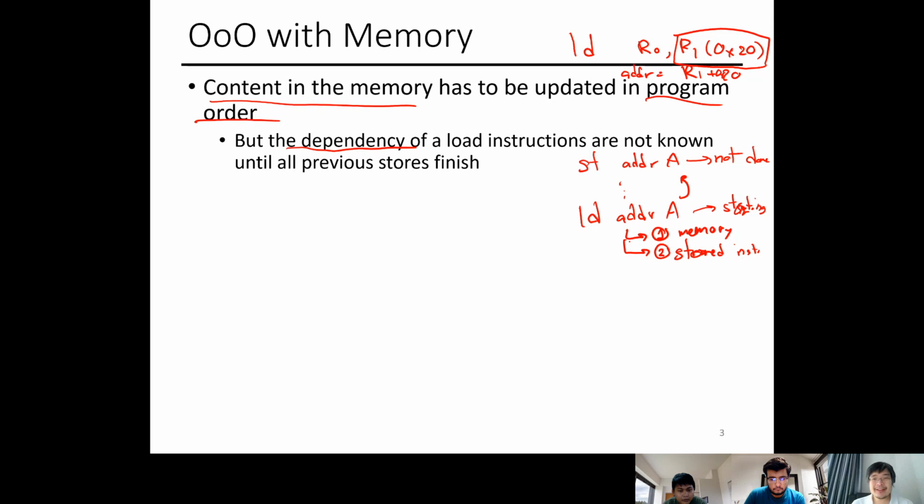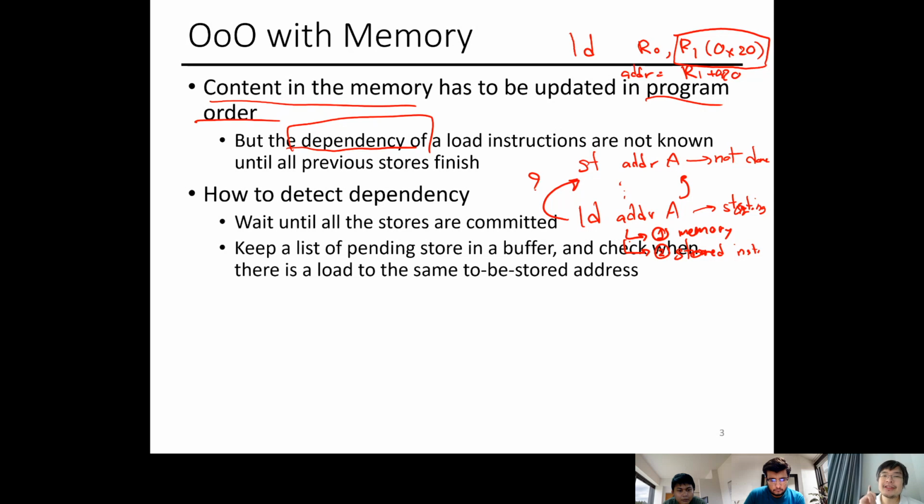When is that done? It's done in my execute stage, but you have no guarantee, right, that I know the address. So the dependency, the relationship between the load and the store, you don't know until all the previous stores finish.